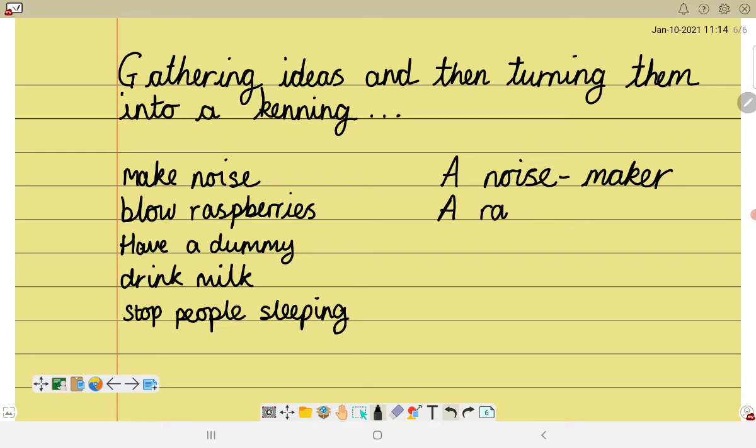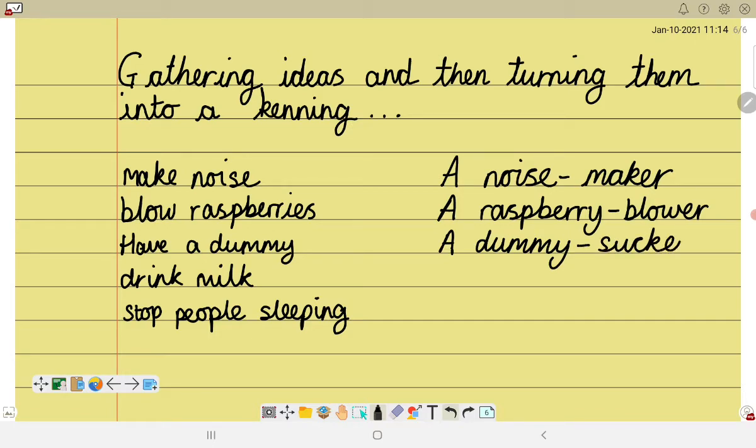So remember the hyphen in between. Okay, then I've got something about a dummy. So what do they do with the dummy? Because I could have a dummy, that's the noun, but then I need a verb. So a dummy sucker, because they suck the dummies. So dummy sucker. A milk drinker.